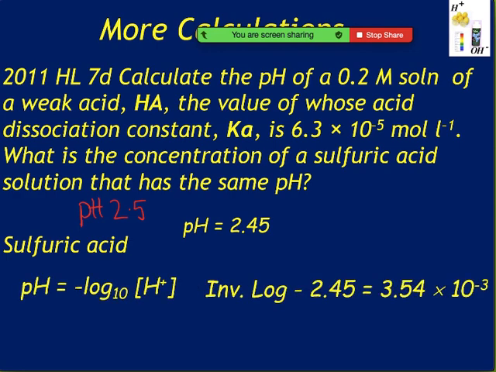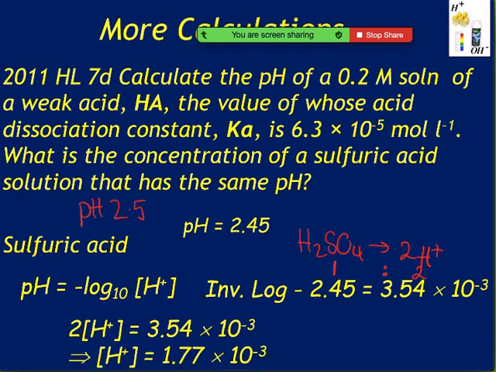Shift log negative 2.5, and that gives me 3.54 by 10 to the minus 3, which is our hydrogen ion concentration. But you have to know that sulfuric acid has 2 hydrogen ions. So this is the equivalent of 2, and you need to turn that into a 1. So 1.77 by 10 to the minus 3.